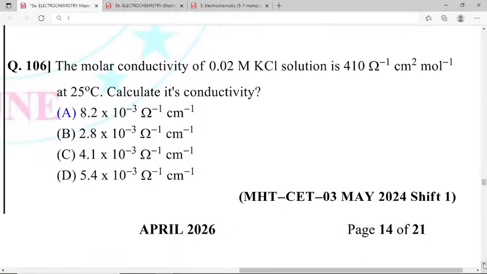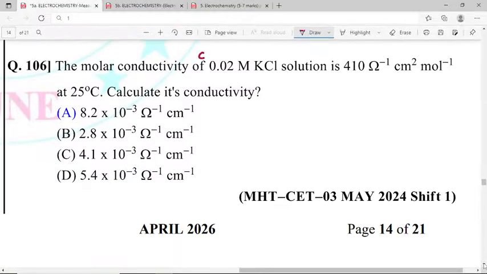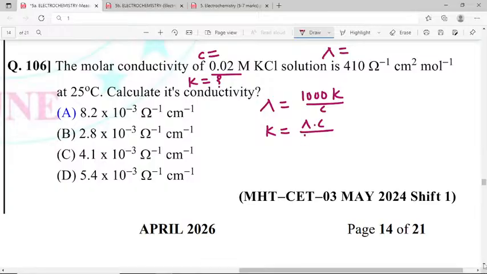The concentration is given, molar conductivity is also given. Calculate the conductivity K. Formula: molar conductivity is 1000 K by C. So conductivity is equal to lambda into C divided by 1000.